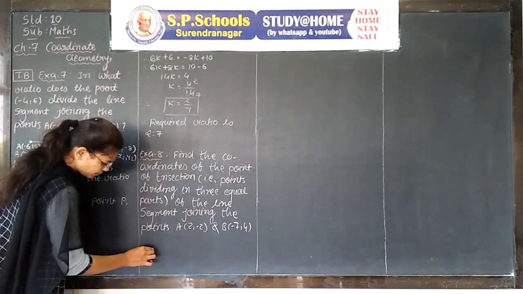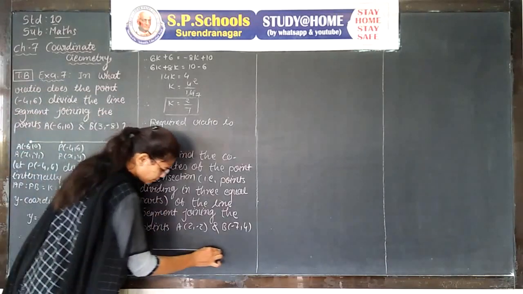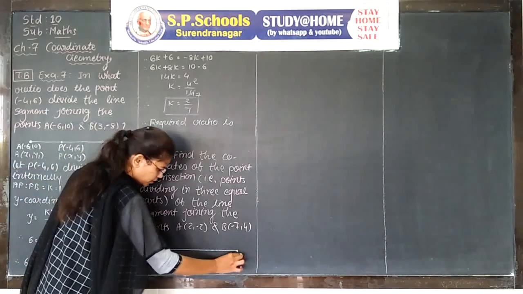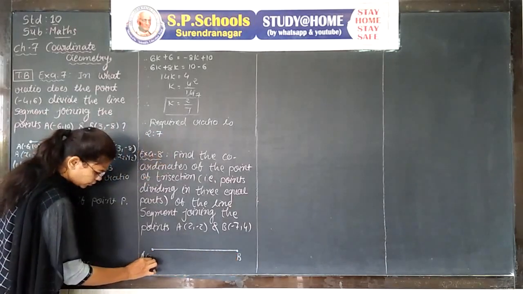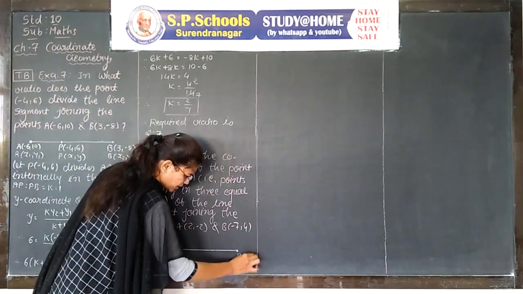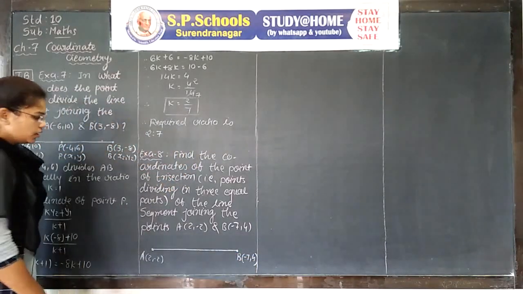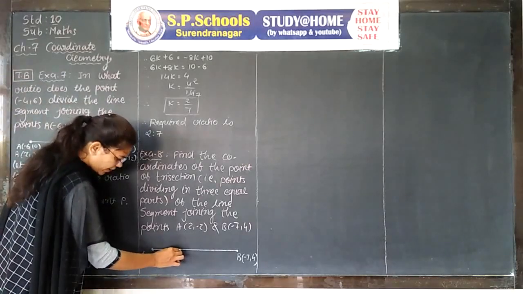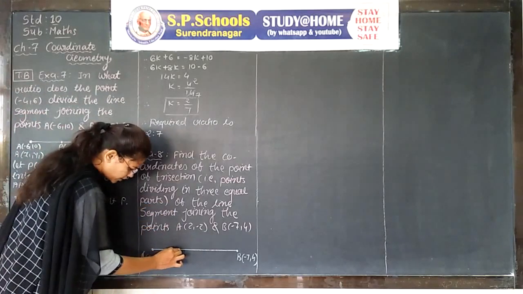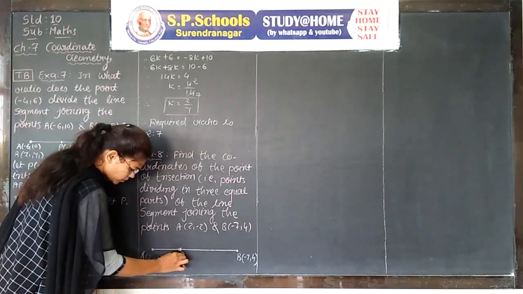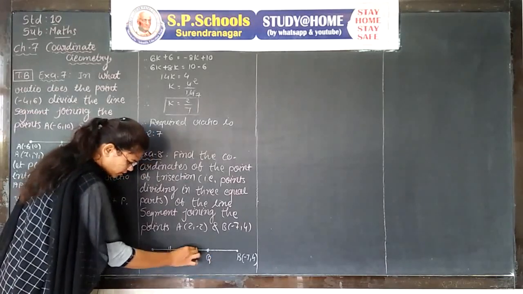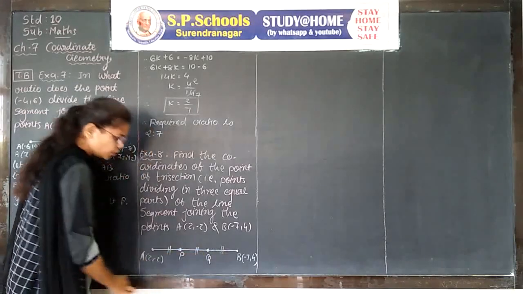Let us take one line segment AB, in which A is (2, -2) and B is (-7, 4). The points divide line segment AB into 3 equal parts, so we can take 2 points here, P and Q, in which AP equals PQ equals QB.